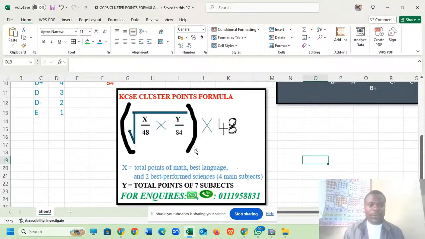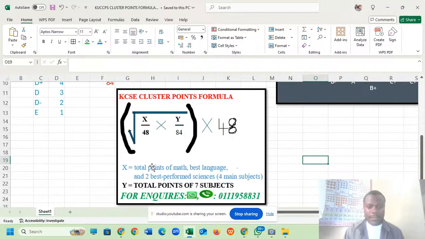We have the square root of x all over 48 multiplied by the square root of x all over 48 times x all over 84. So you first get the answer for this section, then you multiply it by 48.